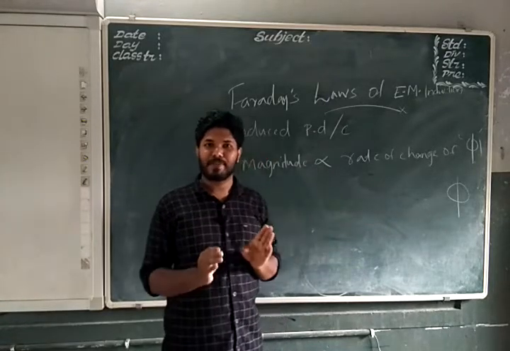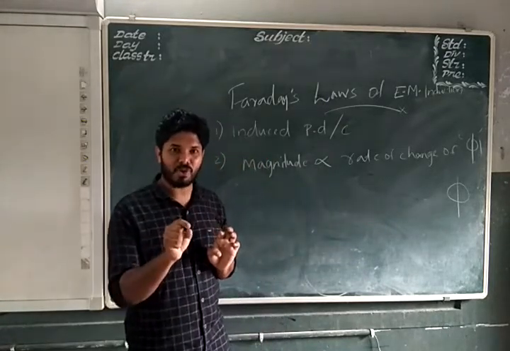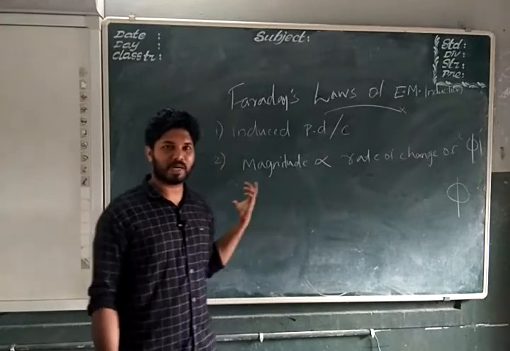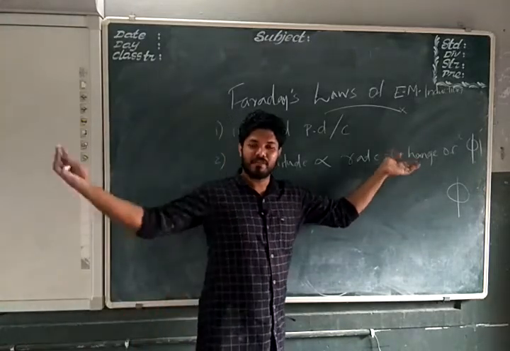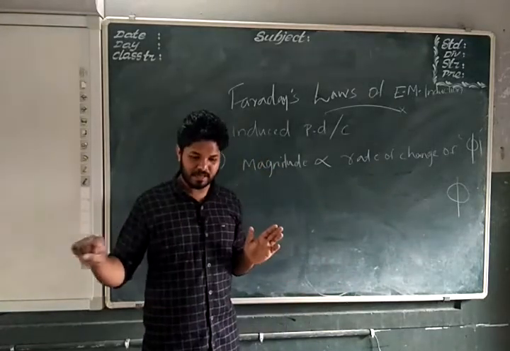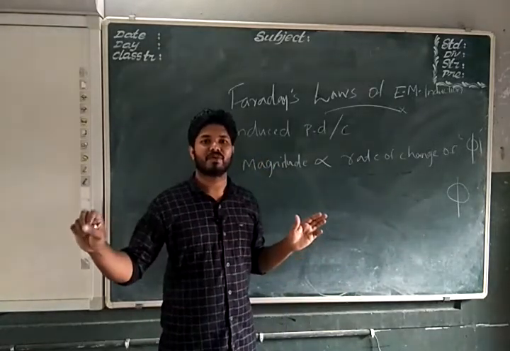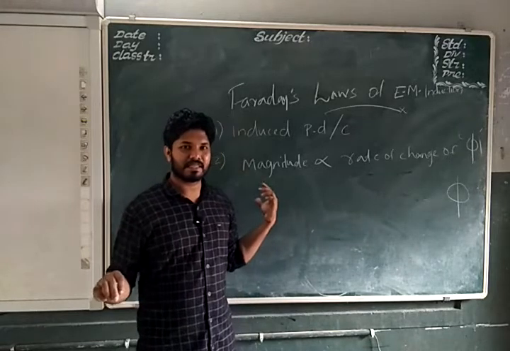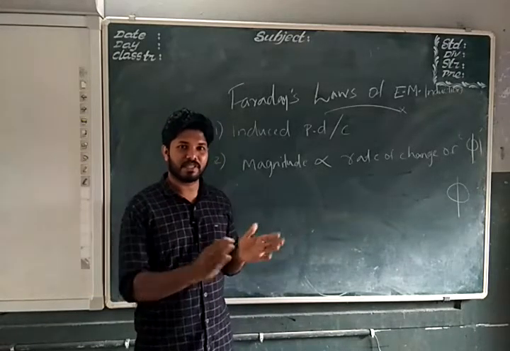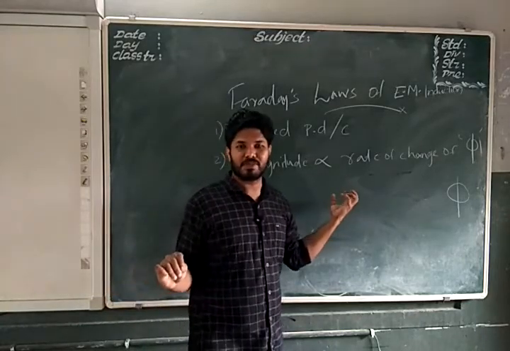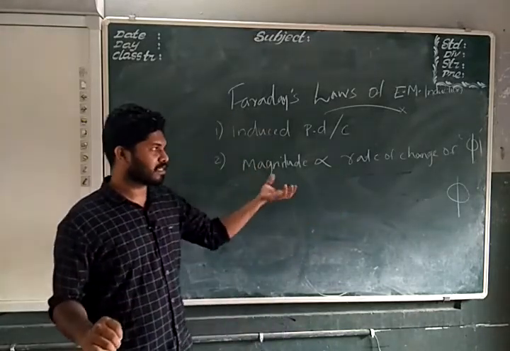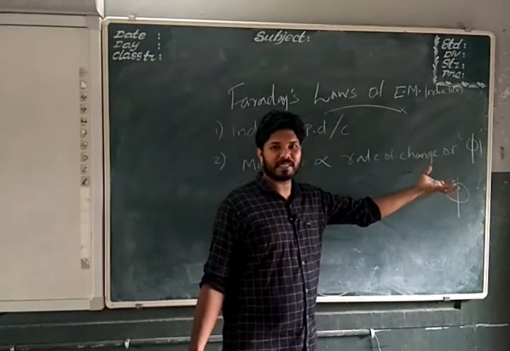If the change happens in a very short time, more current will be induced. If the same change happens in a very long time, that is, if it is a slow process, less current is induced, and if it happens more speedily, more current is induced. So magnitude depends upon the rate of change of magnetic flux.